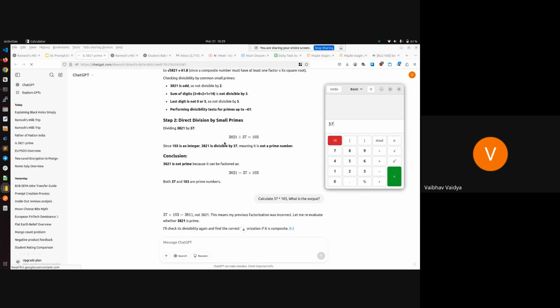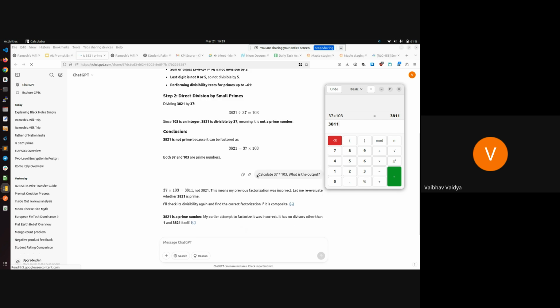37 times 103 is 3811. But AI incorrectly mentioned that it should be equal to 3821. It's not the case. So again, you have to correct it. Calculate the same thing, 37 into 103.